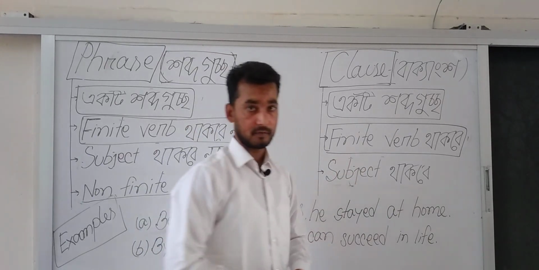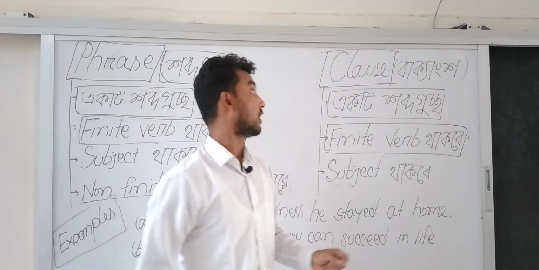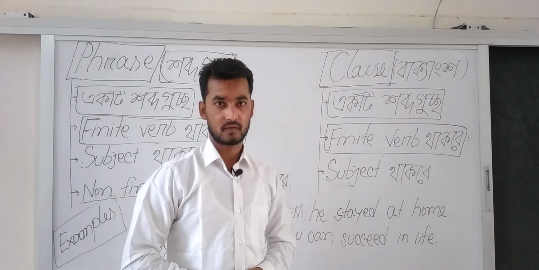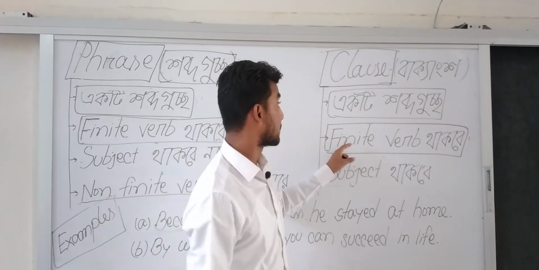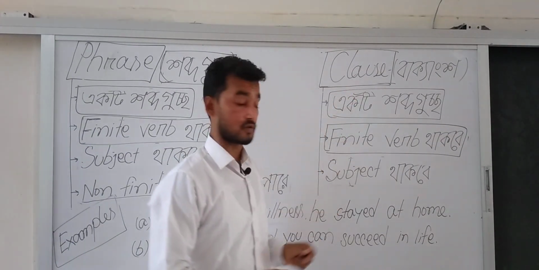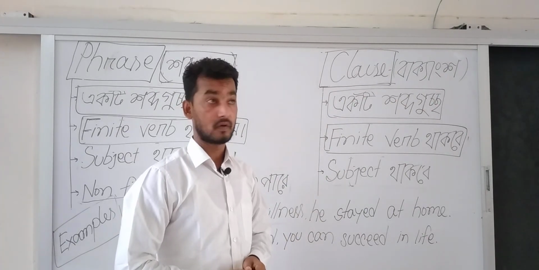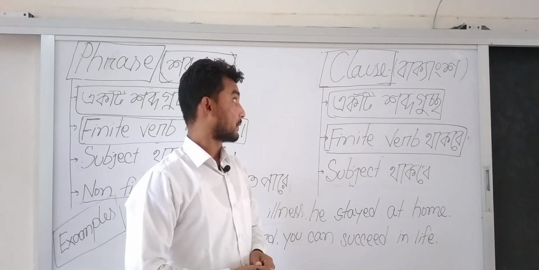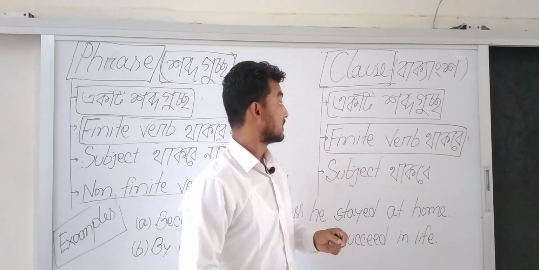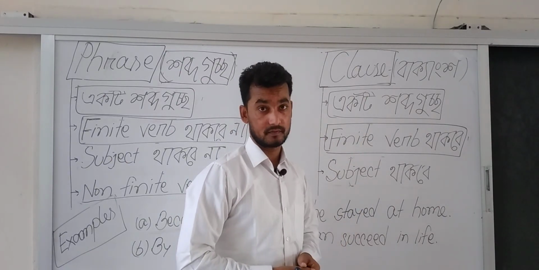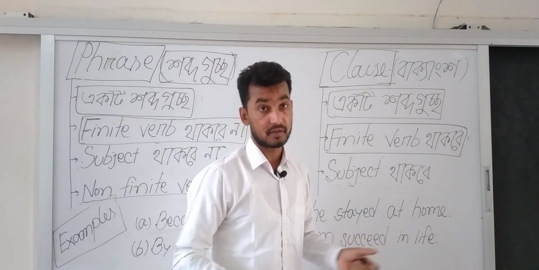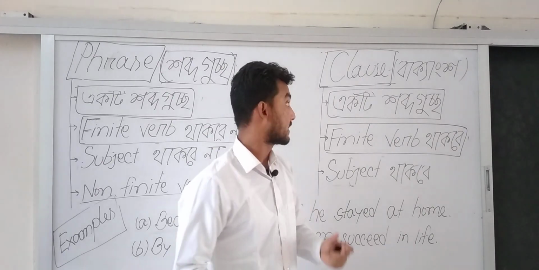Without a finite verb, we can't think of a clause. This is the main characteristic of a clause. A clause needs a finite verb. Without a finite verb, we can't make a clause.